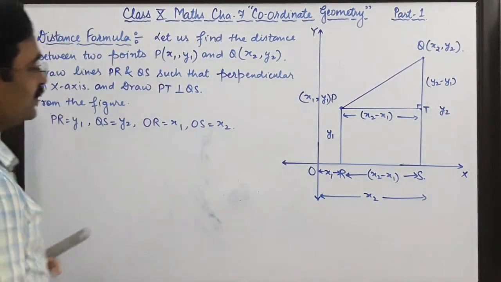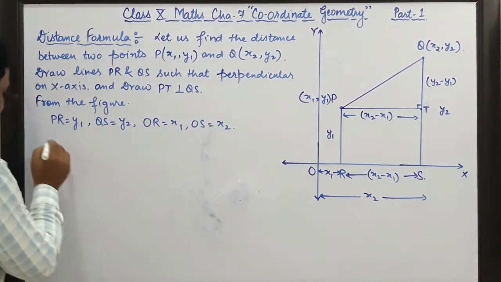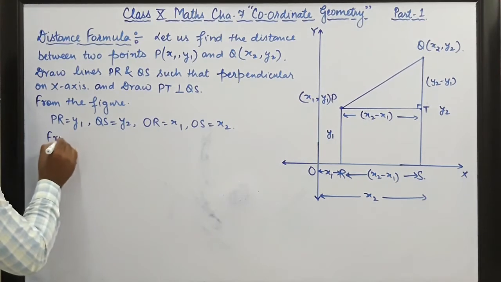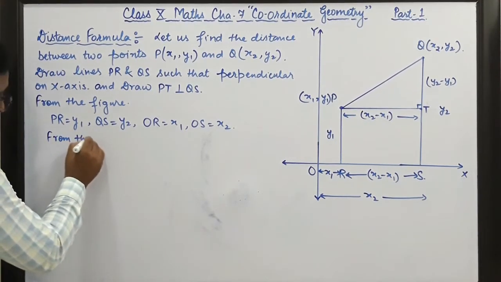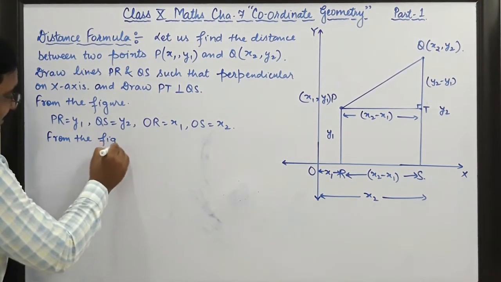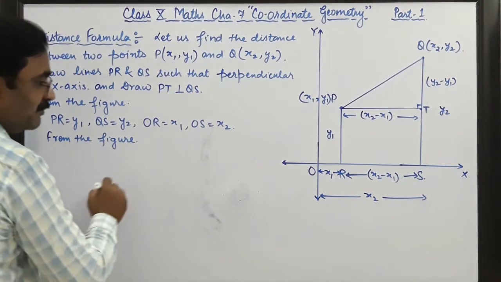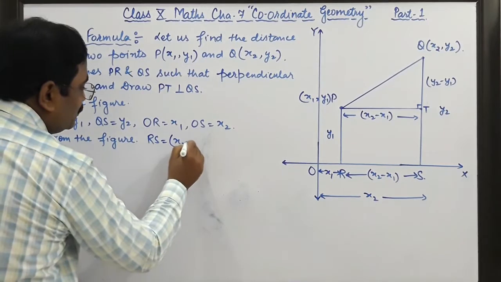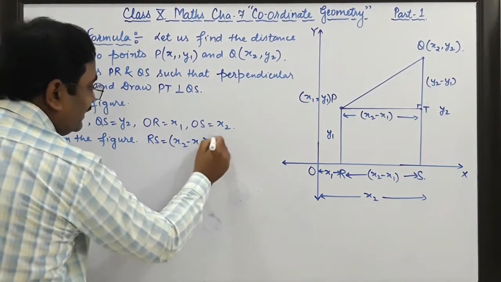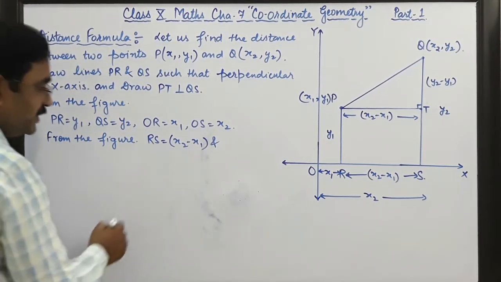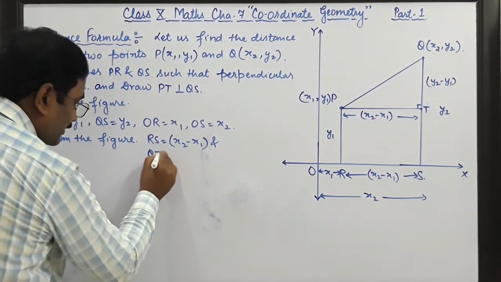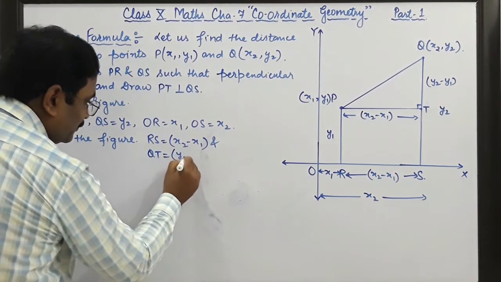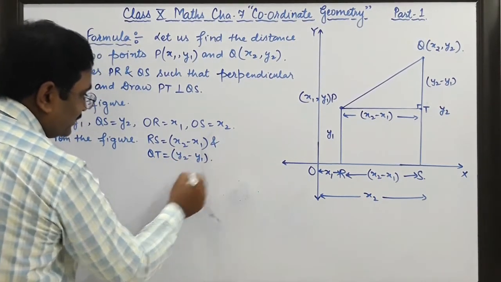So from the figure it is clear that the measure of RS equals x2 minus x1 and the measure of QT equals y2 minus y1.